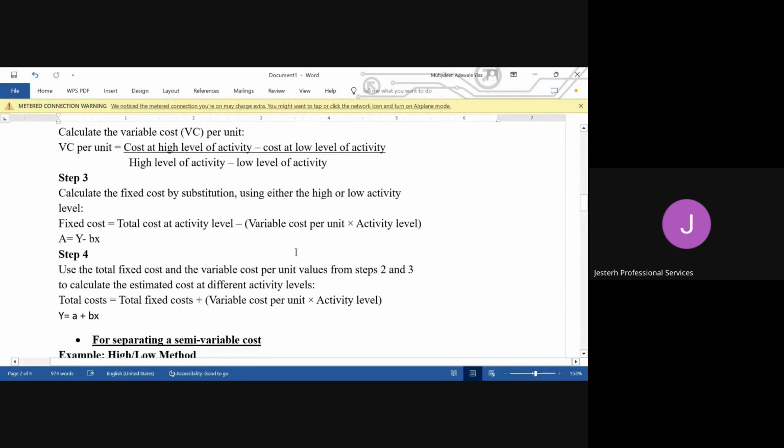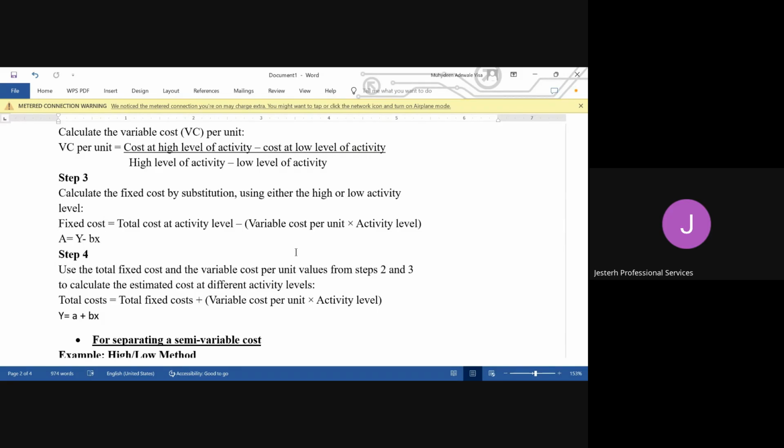Now, the purpose of this is to create the cost function. We have to create the cost function so that as time goes on, we will be able to ascertain our total cost when producing any level of activities, because we are able to set the fixed cost for a period of time, and then it helps us to know the variable cost per unit.